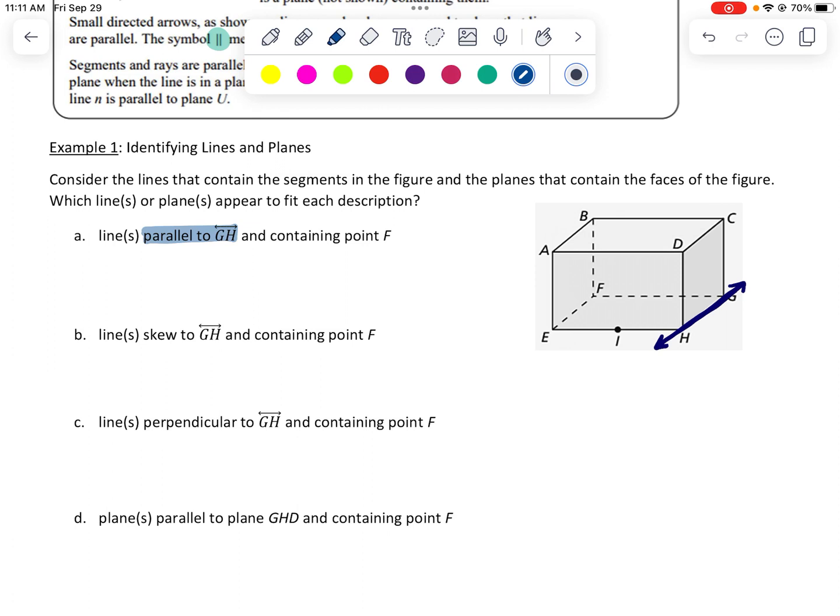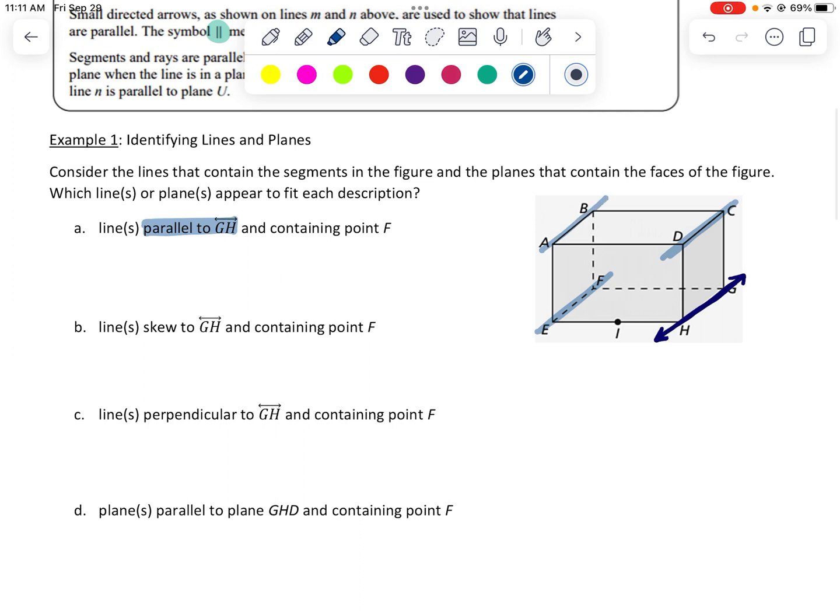Parallel means it has to be on the same plane. And remember, there are planes that kind of cut these diagonally. So here is a line that's parallel. Here is a line that's parallel. We could cut a diagonal plane, and so here is a line that's parallel. So I'm just going to write these down.